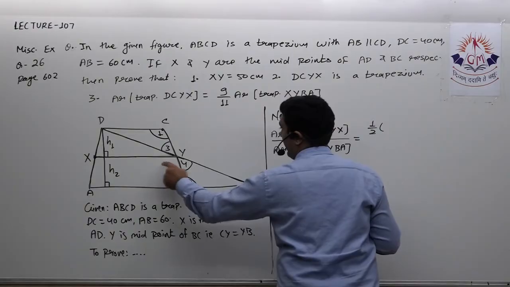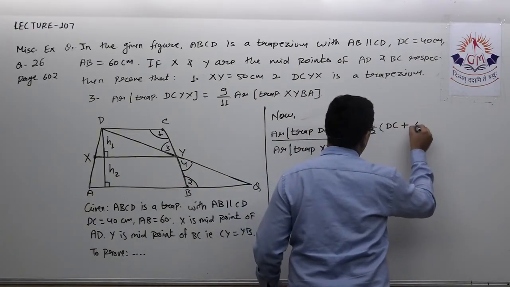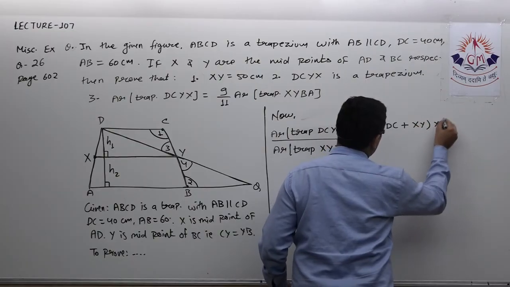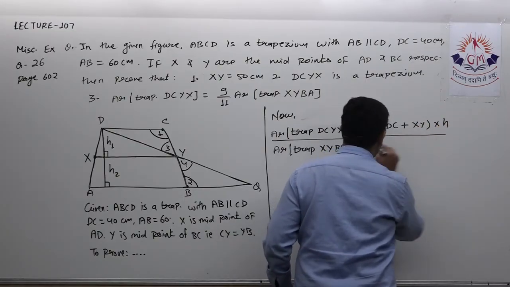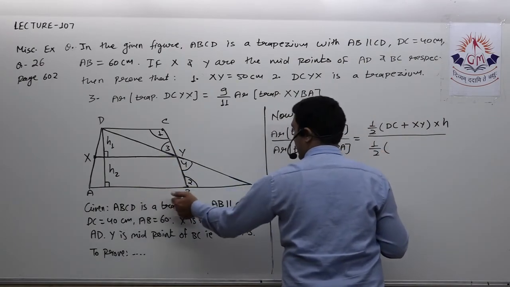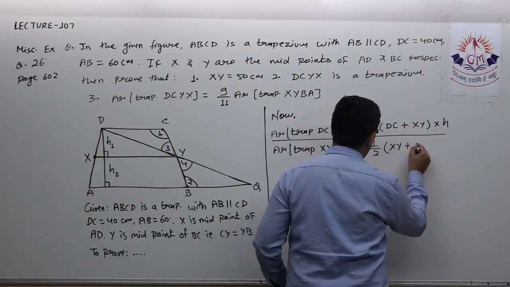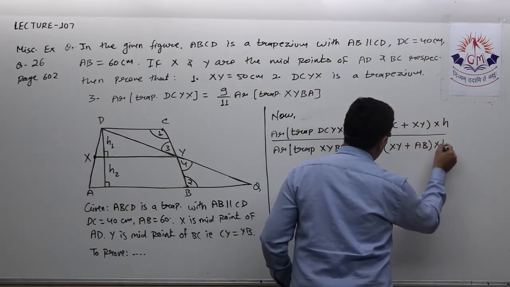For DCYX the sum of parallel sides is DC plus XY, and the height is h. For this trapezium the parallel sides are XY and AB, and the height is h.